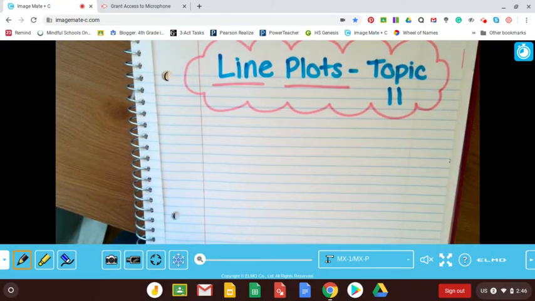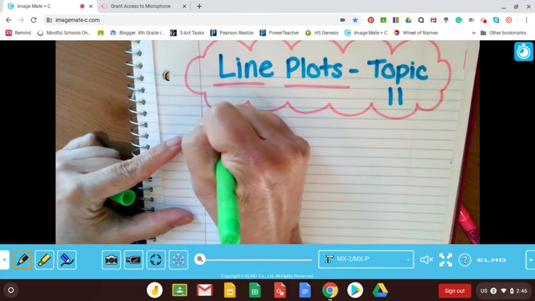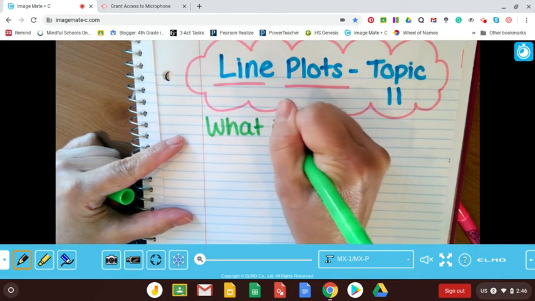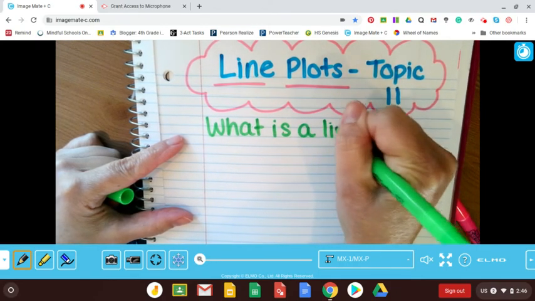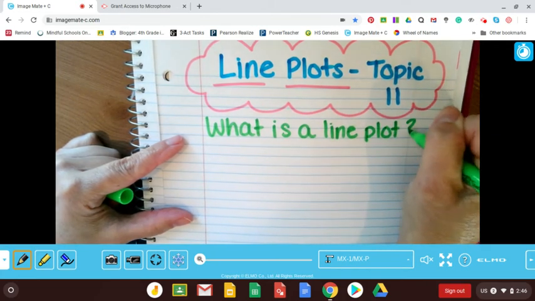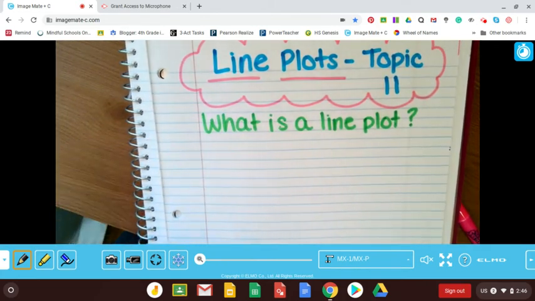All right, so the first question I'm sure everyone has is, what exactly is a line plot? So we're going to write that question first, and then we're going to answer that. So what, and you should be copying just like I am, is a line plot. If I'm moving too fast, you can always pause the video. All right, so what is a line plot? Well, a line plot is simply a way to display data or information, and a number line is used to do that.